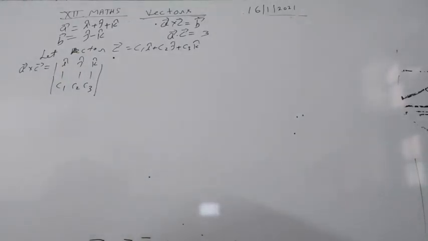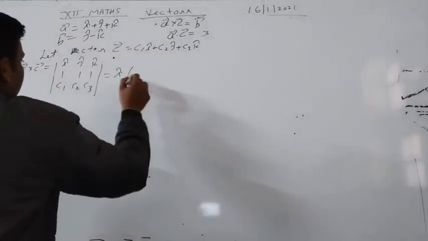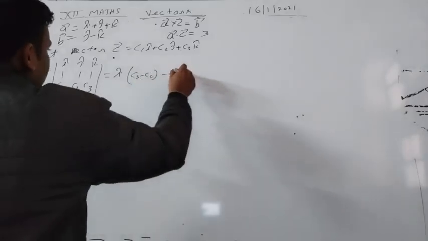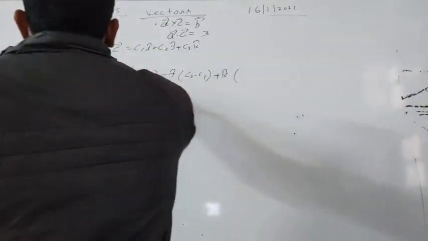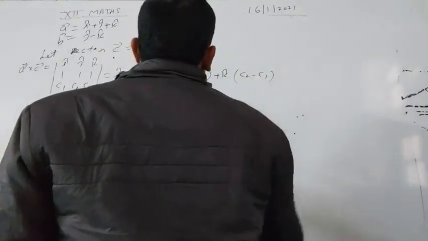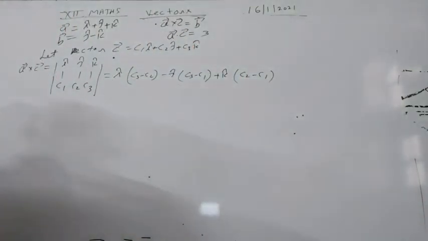Now student, we expand this and get I(C3 minus C2), j(C3 minus C1), plus k(C2 minus C1). I is C3 minus C2, j is C3 minus C1, k is C2 minus C1.